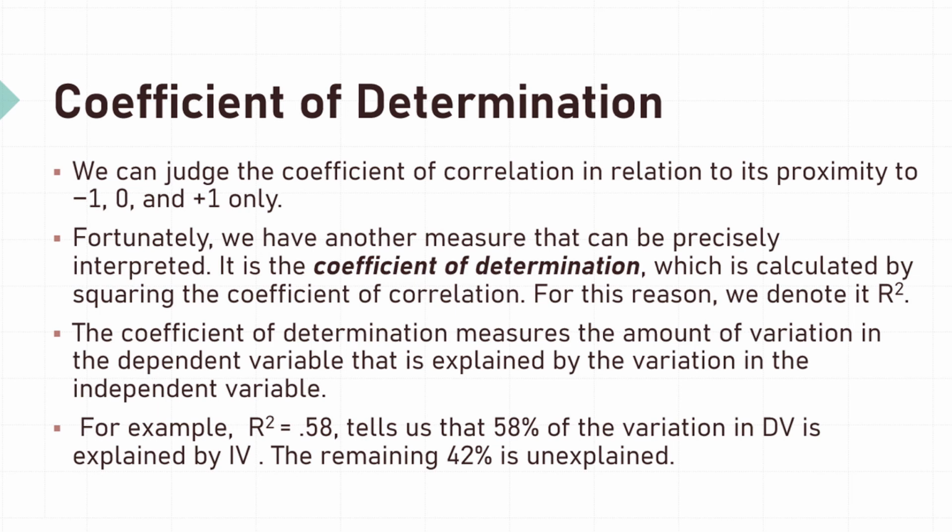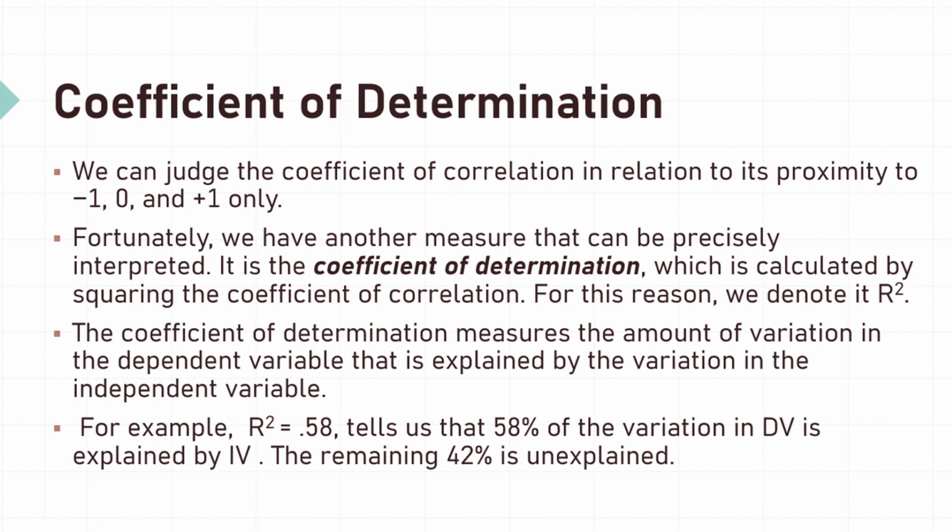It is the coefficient of determination, which is calculated from the coefficient of correlation, and for this reason we denote it with r square. The coefficient of determination, or R square, measures the amount of variation in the dependent variable that is explained by the variation in the independent variable. It means if we change the independent variable, there is a variation or change in the dependent variable.